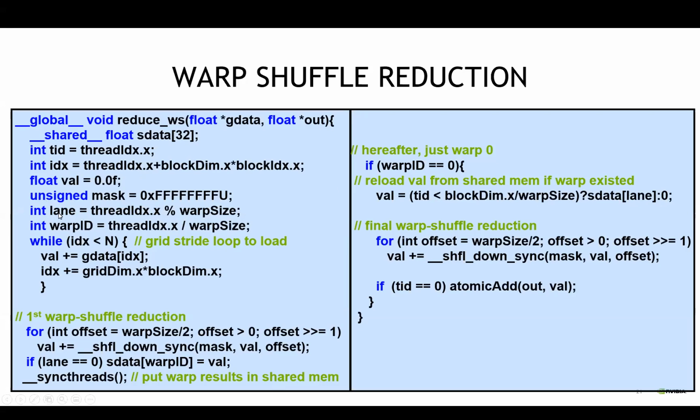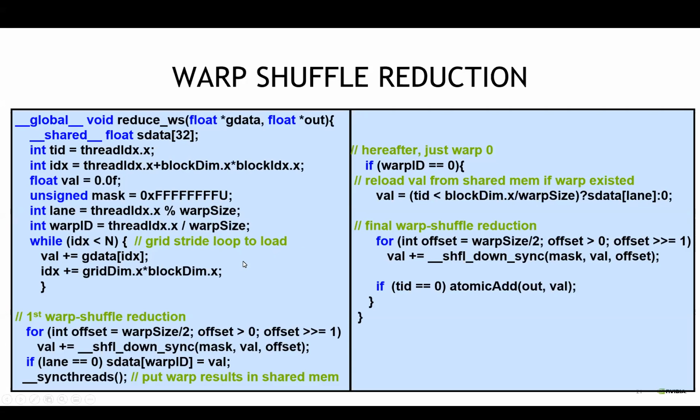We're also going to need some variables that I've called lane and warp ID. Lane means which thread am I in the warp. Thread ID, threadIdx.x, is a number from 0 up to the thread block size. But what I need also is a variable that tells me, am I the 0th thread in the warp, the 1st thread in the warp, the 2nd thread, and so on.